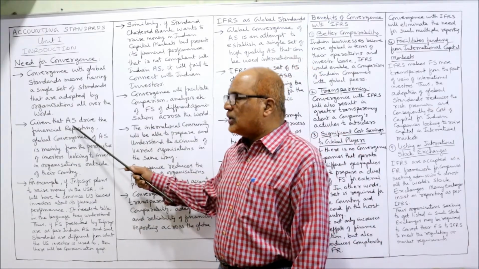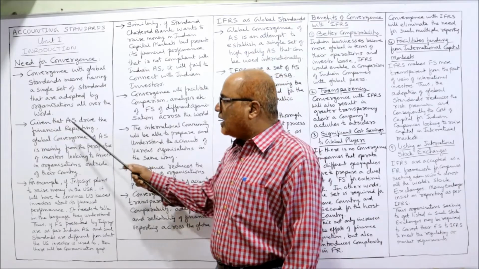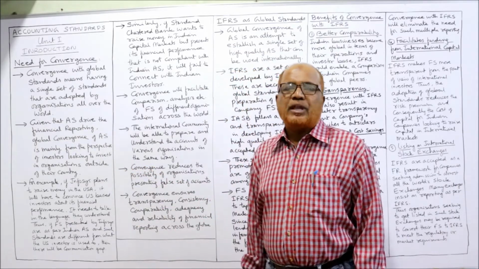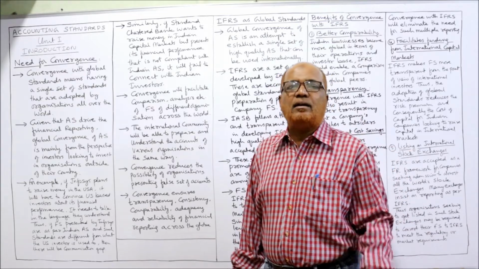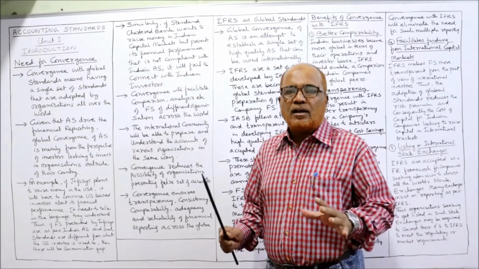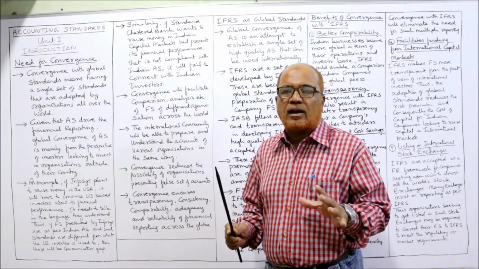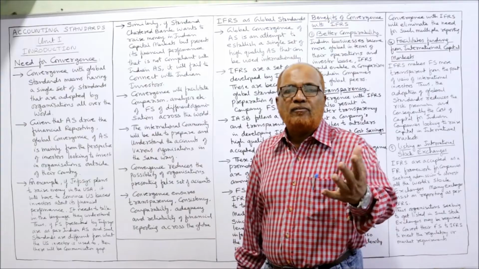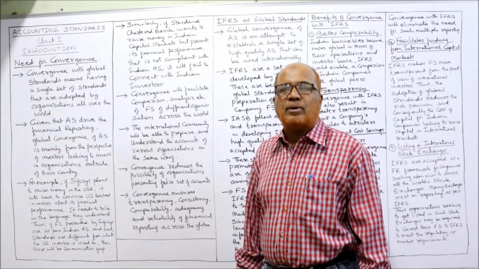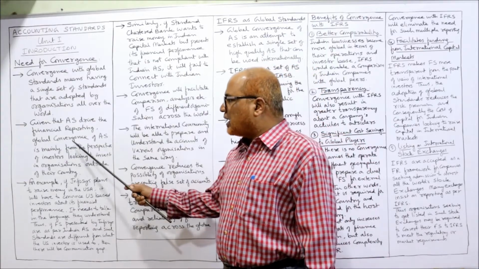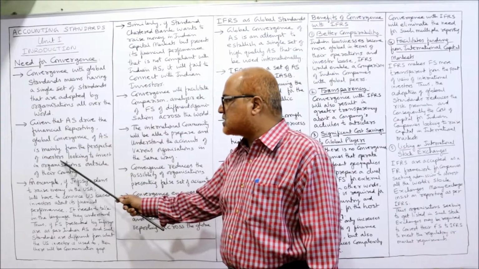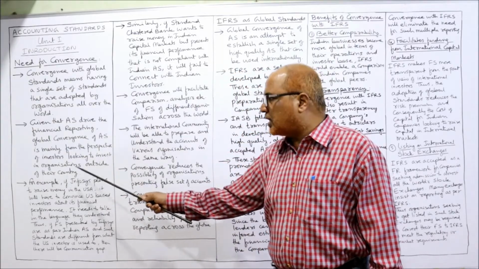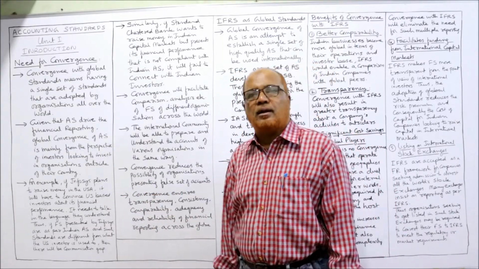Now, given that accounting standards drive financial reporting, that means the financial reporting depends on the accounting standards. If accounting standards are well regulated, then definitely reporting will be very effective. Global convergence of accounting standards is mainly from the perspective of investors looking to invest in organizations outside their own country.